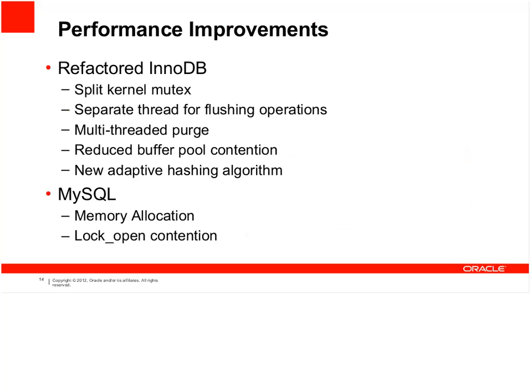I did put on the bottom there, so there are improvements for just MySQL in general. They went to a different memory allocator, one that deals with thread concurrency better. And then they addressed some locks and contention just with opening tables because there was a big contention issue just when MySQL went to open tables. So focus on InnoDB and MySQL, big performance improvements.